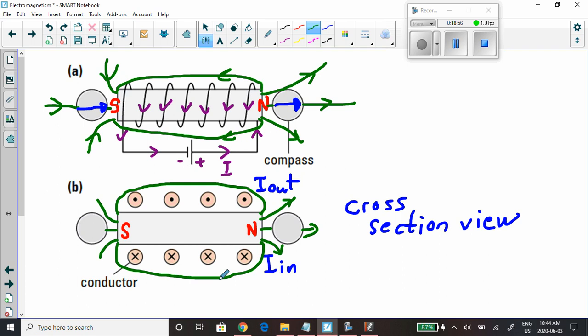Magnetic field lines leave the north-seeking pole. Magnetic field lines go into the south-seeking pole. They always do that. And then you've got these compasses here. Well, compasses align themselves with the magnetic field line where they are. So that's what the compass would be, just like that.